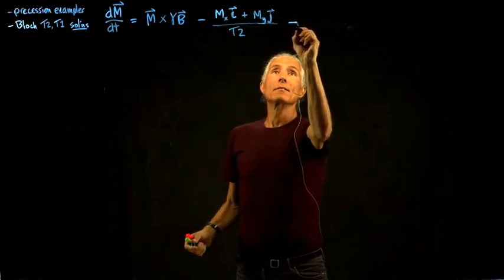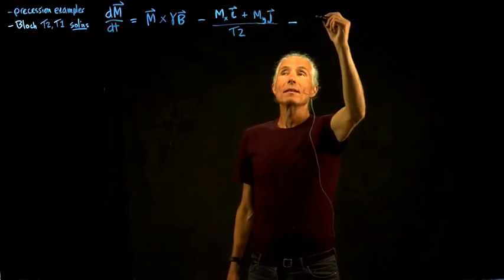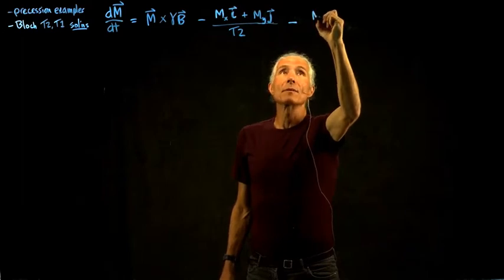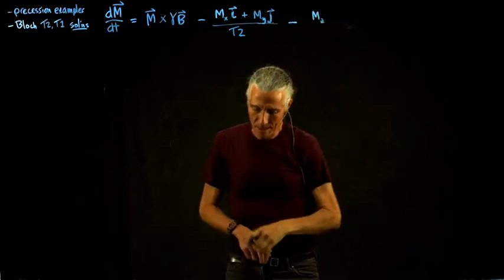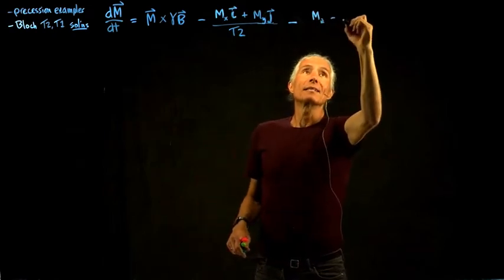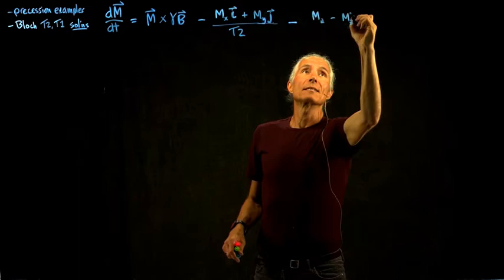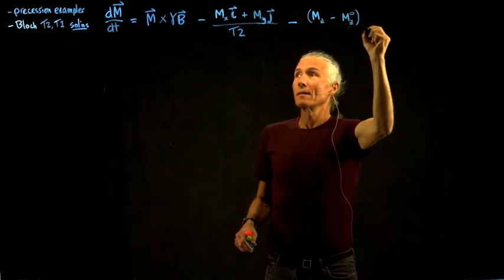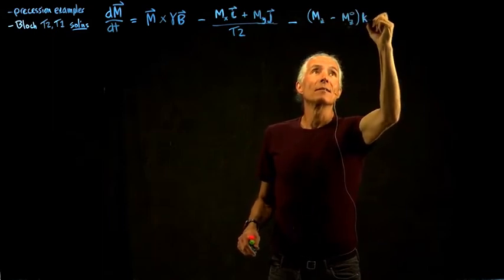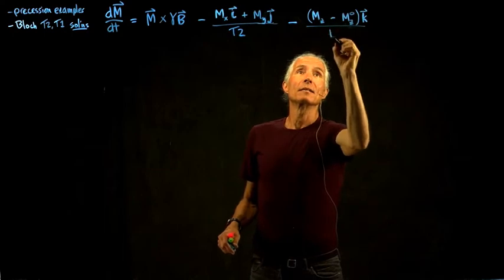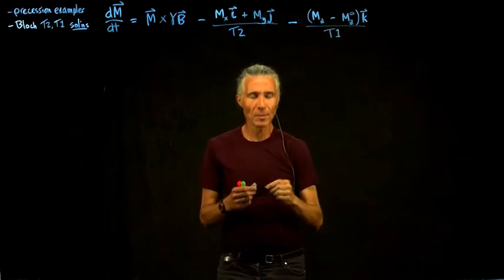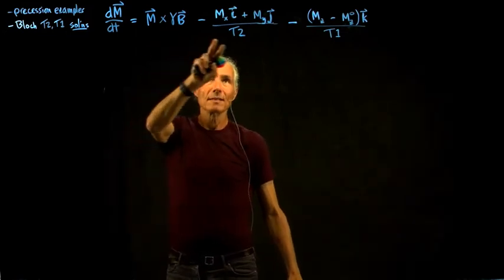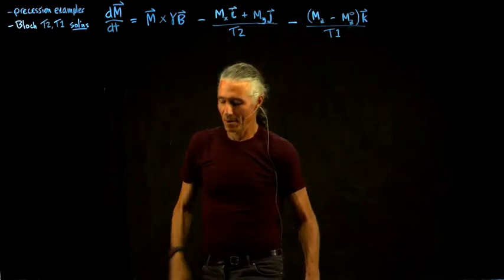And then over here we look at the T1 term. The T1 term is a little more complicated. It has the z magnetization, mz, minus a constant. This mz0 is actually a constant. And that whole thing is multiplied by the k vector divided by T1. So that's the full Bloch equation: the precession part, the T2 decay part, and the T1 decay part.